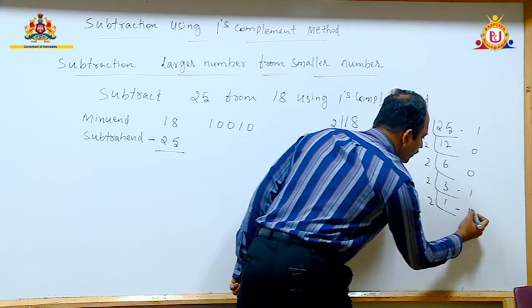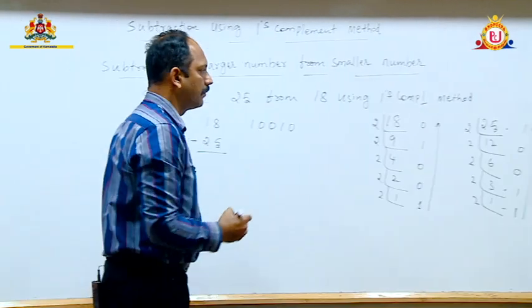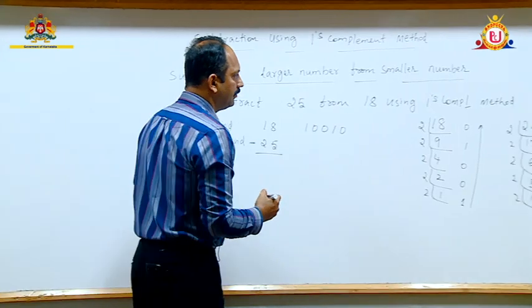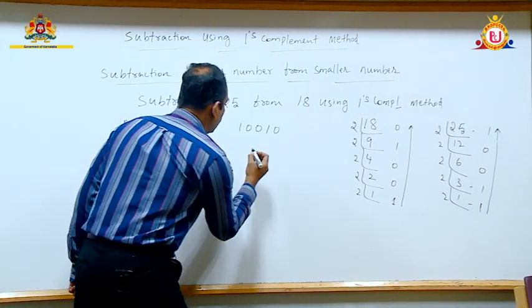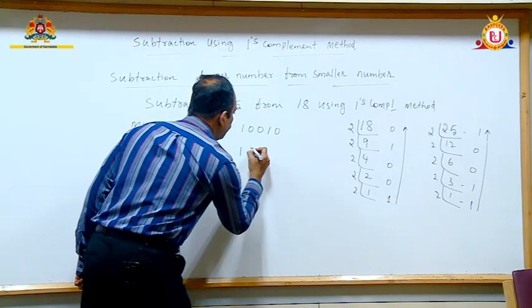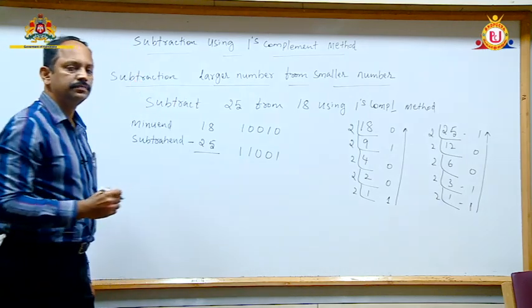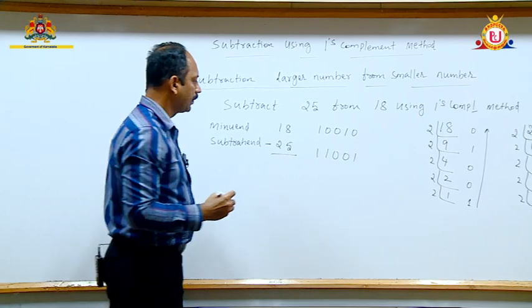And this 1 is written as it is. Okay. Now let me write that from left to right. 1 1 0 0 1 is the binary equivalent of the value 25.